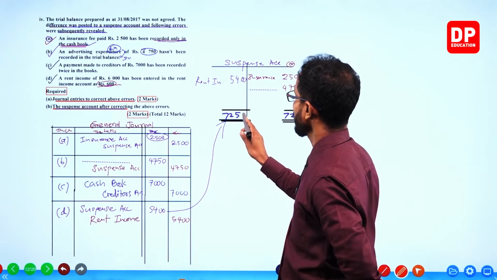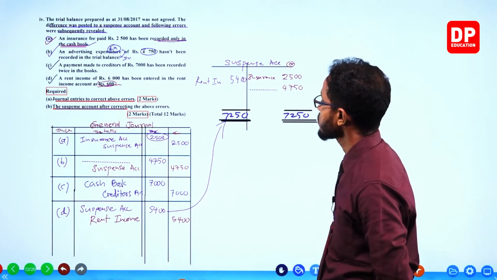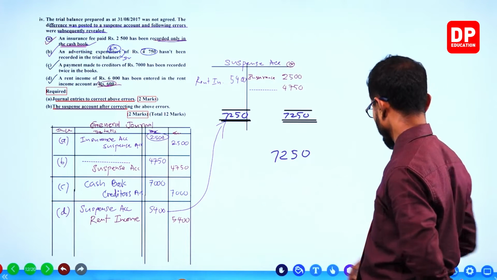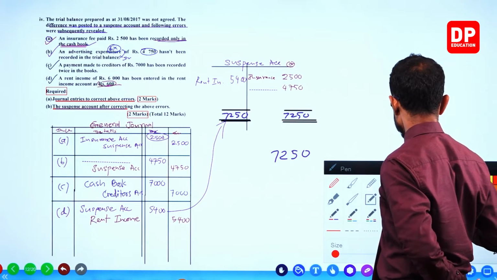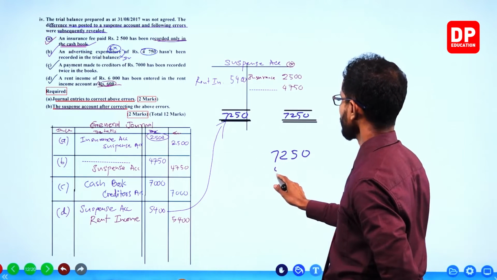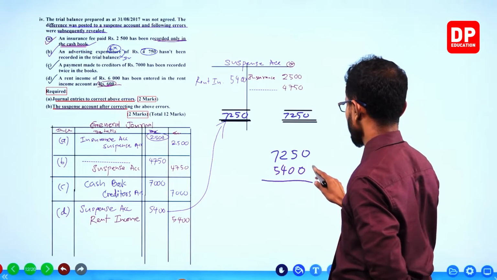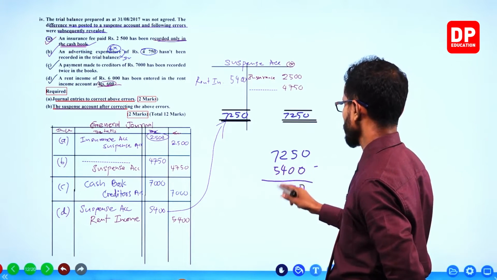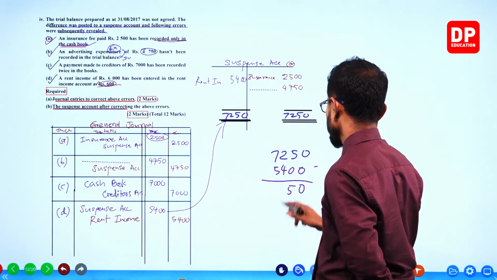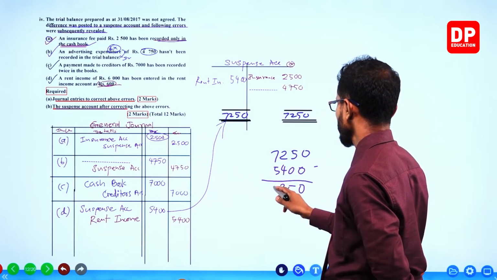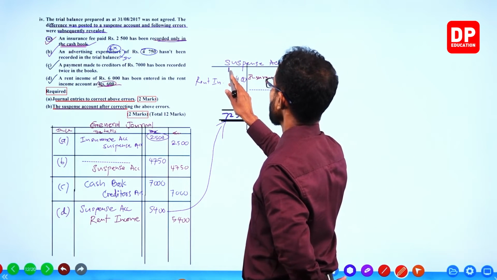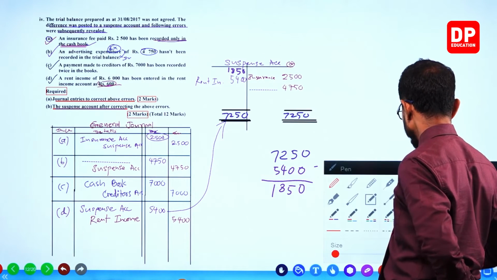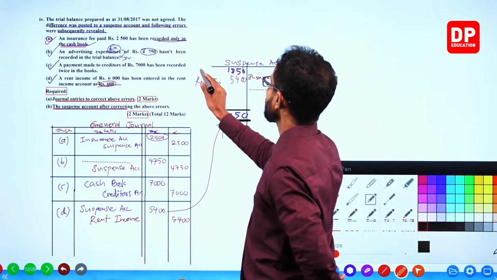7,250 on this side. And let's check the balance by subtracting 5,400 on the debit side from 7,250. 0, 0, 0, 5 minus 0 is 5, 12 minus 4 becomes 8, so 1,850. 1,850 is the difference which had been in the trial balance.